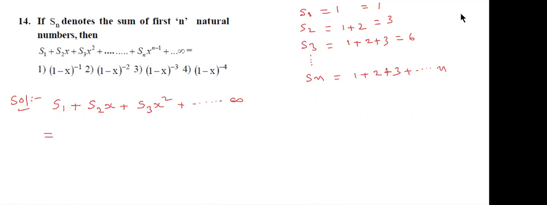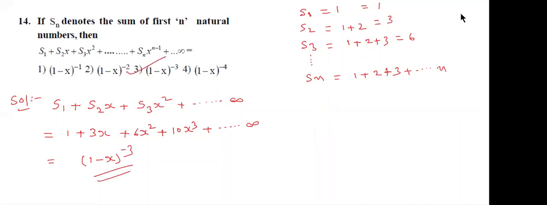What is S1, students? 1. S2 is 3. S3 is 6. 1 plus 3x plus 6x square plus 10x cube and so on, infinite. Is this the formula of 1 minus x whole power minus 3 or not? So which option is correct? Third option.